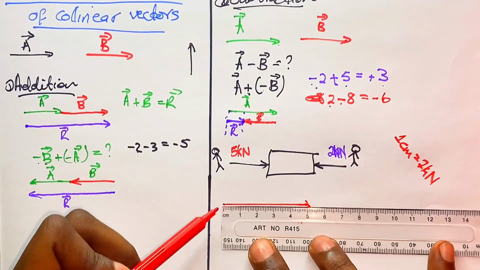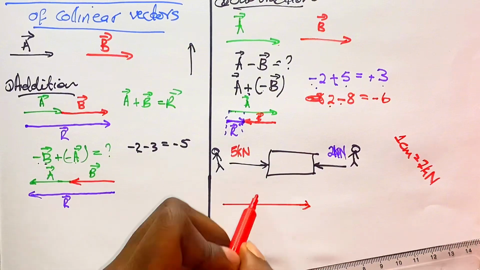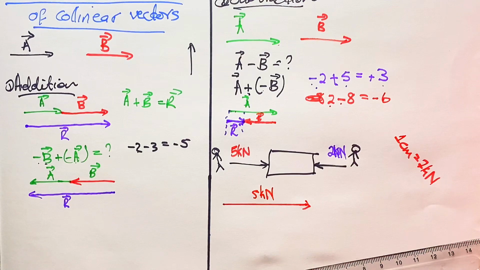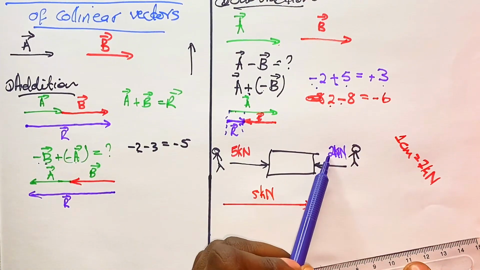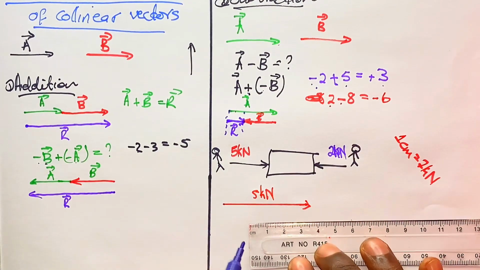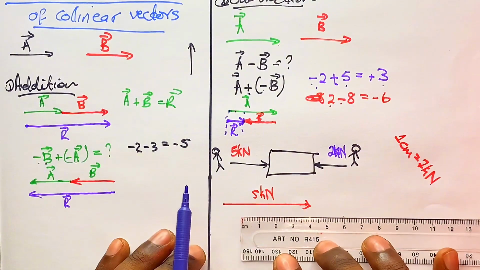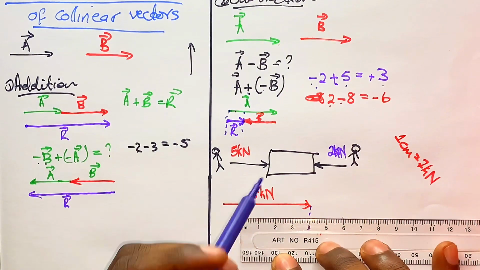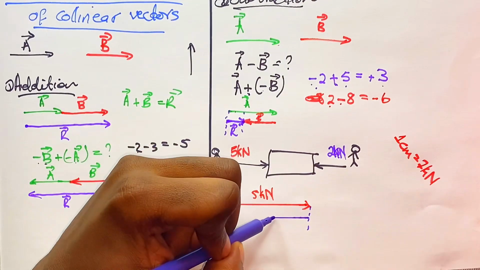My ruler is 5 centimeters in that direction. That's person number A. Now, person number 2 acts in the opposite direction that way, and he acts at 2 kilonewtons, so his force will only be 2 centimeters. So I'm just going to give him 2 centimeters from exactly here where he ended.